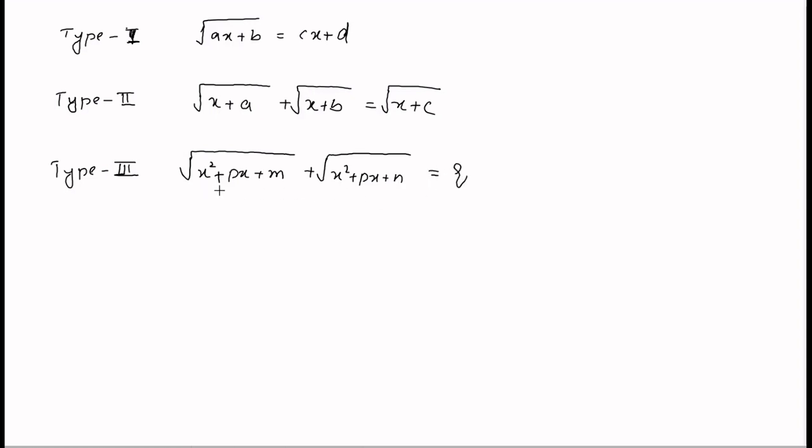Here the polynomial x square plus px is the same under each radical, only the constant terms m and n are different. So this is the third type of radical equation.